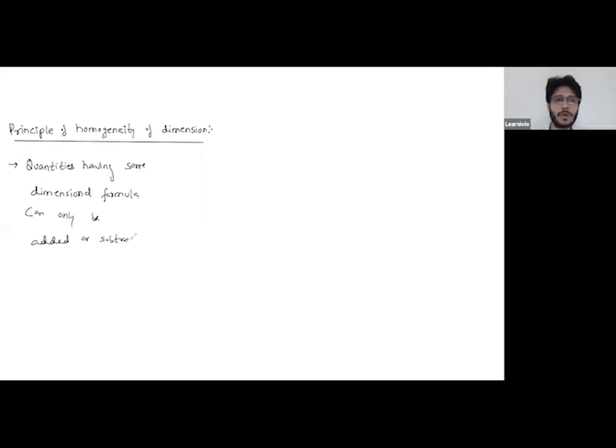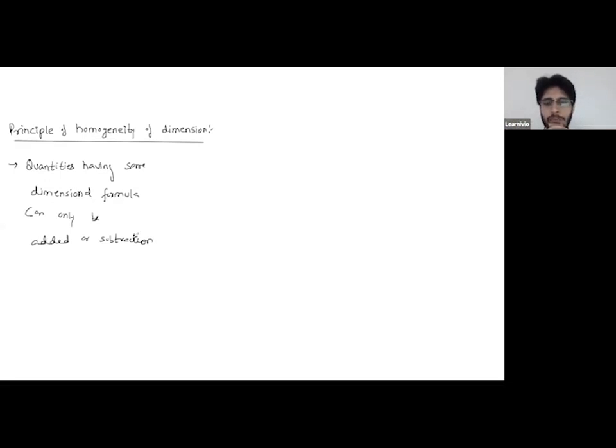Can we multiply quantities having different dimensional formulas? Yes, sir. You can always multiply quantities having different dimensional formulas. This is how we make new quantities. Like area is length into breadth. So on multiplying length and breadth, we get area. But can we add two different quantities like area and length? No, sir.